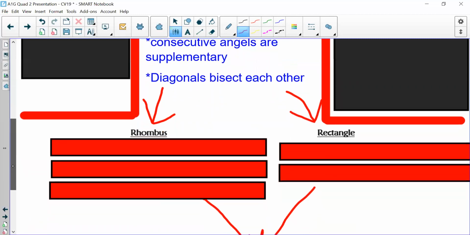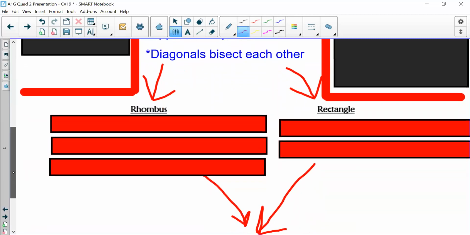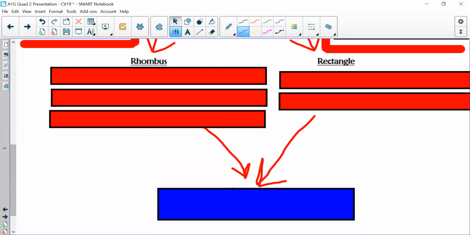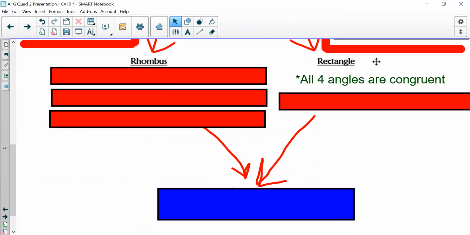All right, so let's talk about rectangles first. The first property of a rectangle is that all 4 angles are congruent. So I'm going to go ahead and draw in a rectangle.